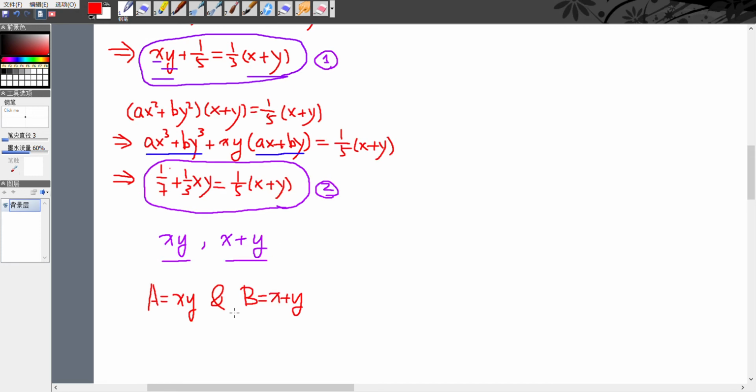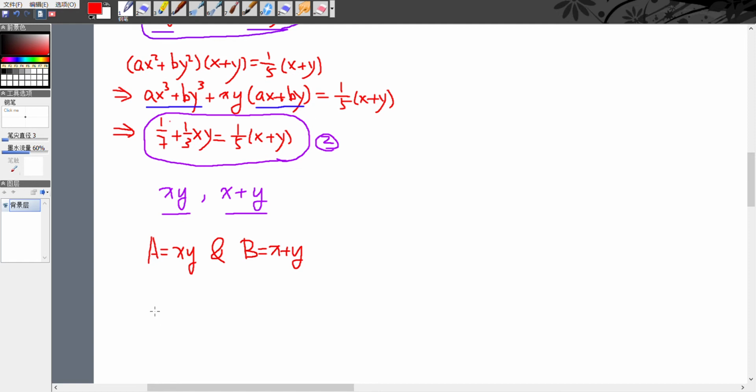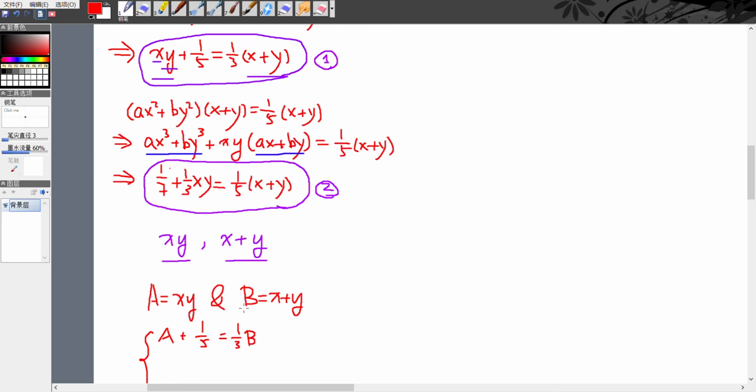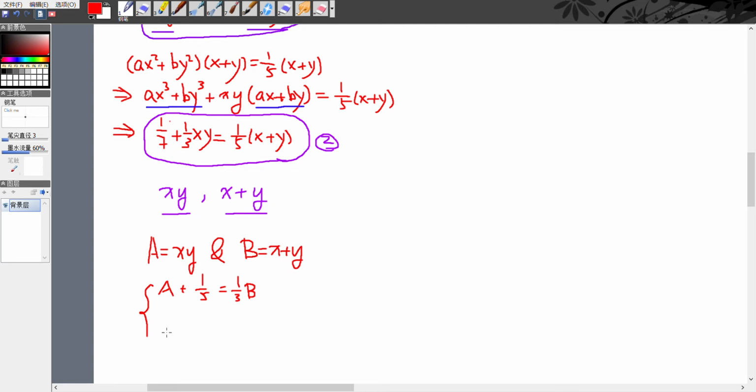So the above equations will be turned into a plus 1 over 5 is equal to 1 over 3 b, and 1 over 3 a plus 1 over 7 is equal to 1 over 5 b.